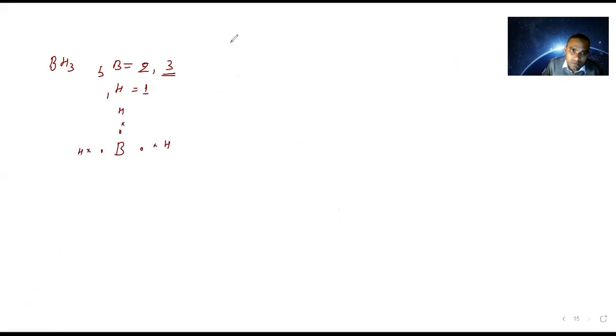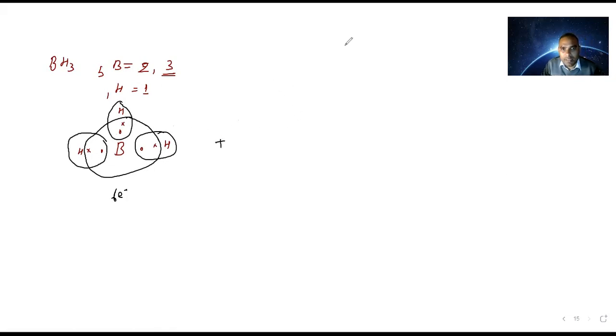Let's have a look: how many electrons are there with the boron? That is 6 electrons. It is completing the duplet here. So this is a duplet.